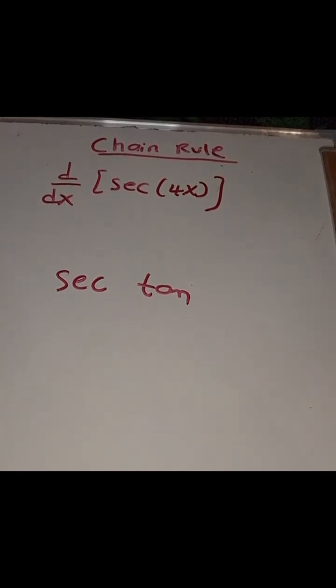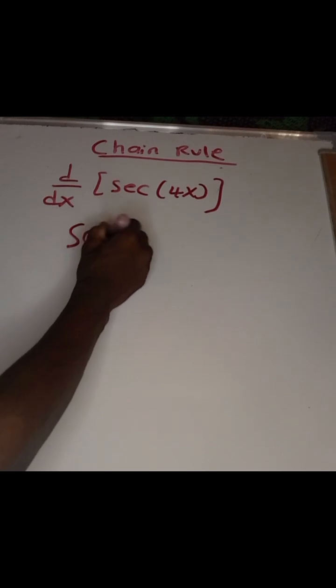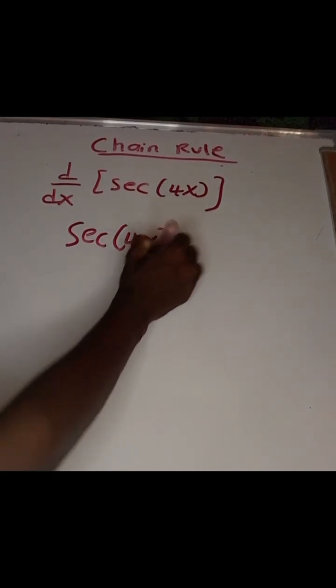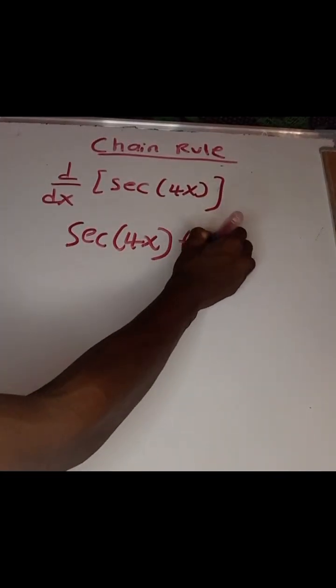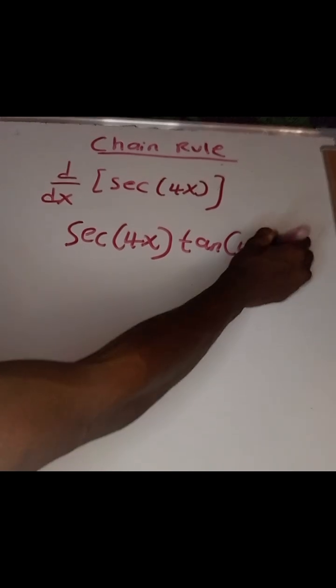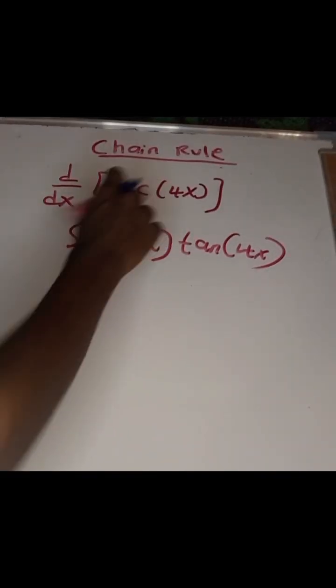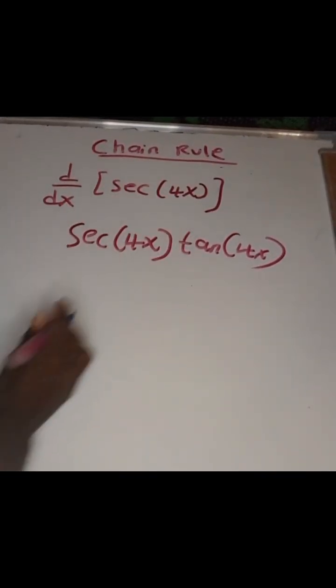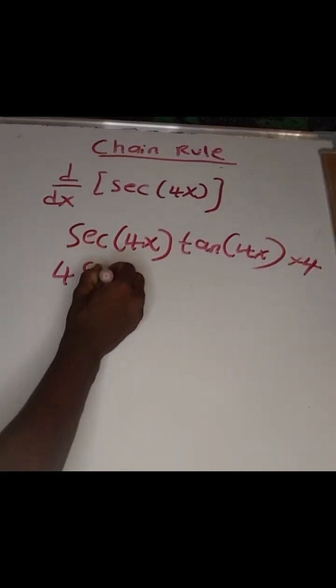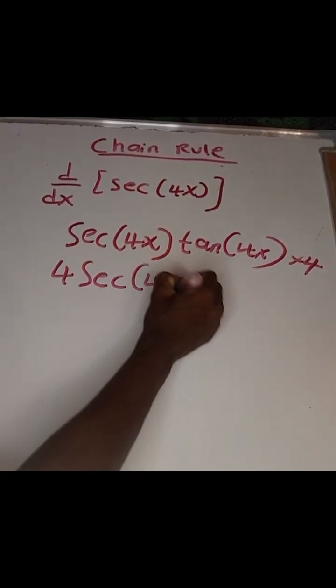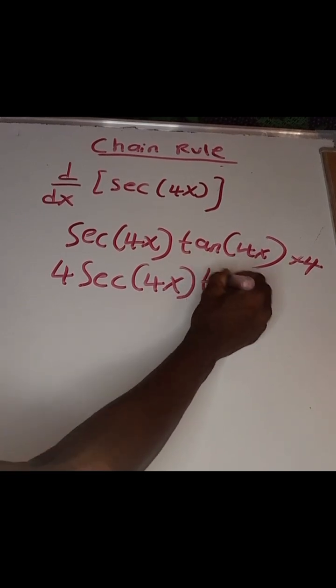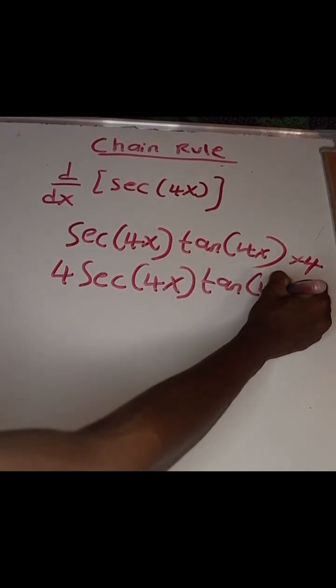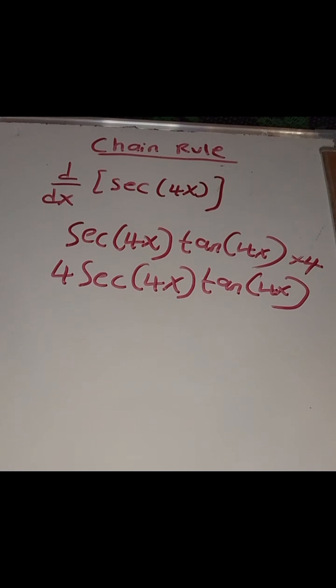So we have secant 4x multiplied by tan 4x, and then we differentiate the inside bracket, which is 4x, giving 4. Therefore we end up having 4 secant 4x tan 4x. So this is the solution of this problem.